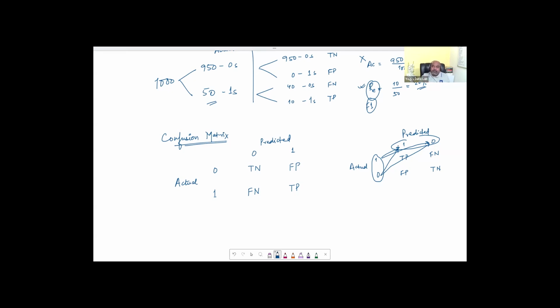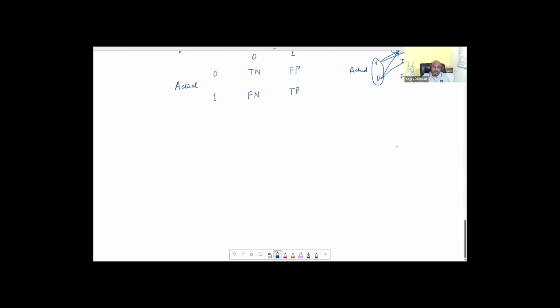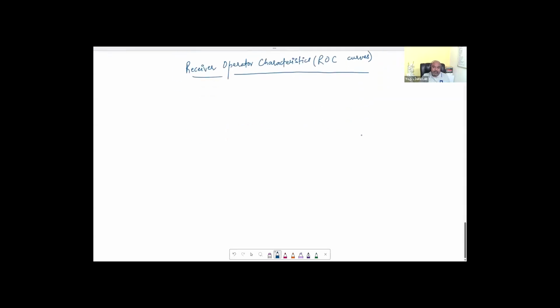Now, let's go to the other concept, known as receiver operating characteristics, or ROC curves. The ROC curve is a concept taken from the telecom domain.